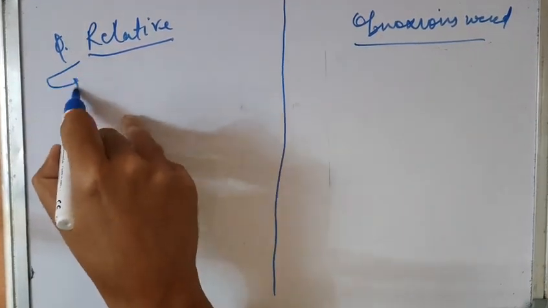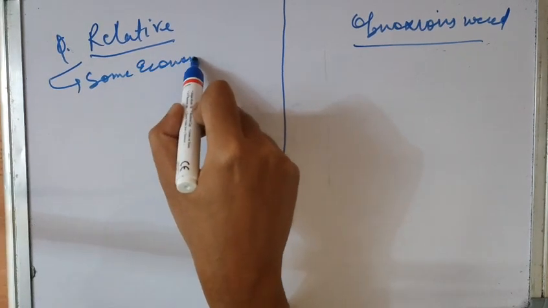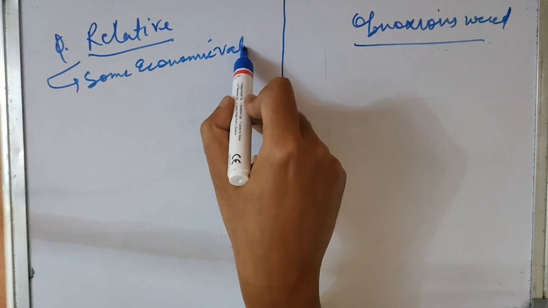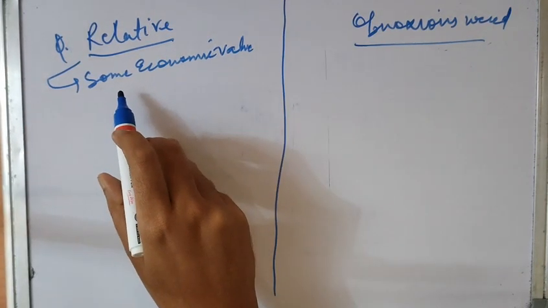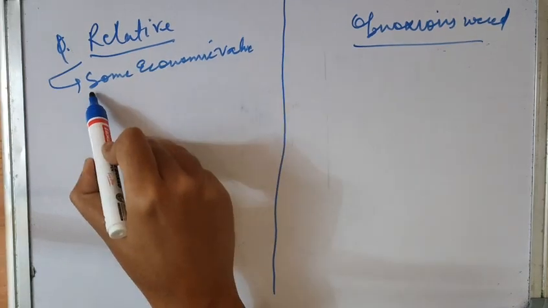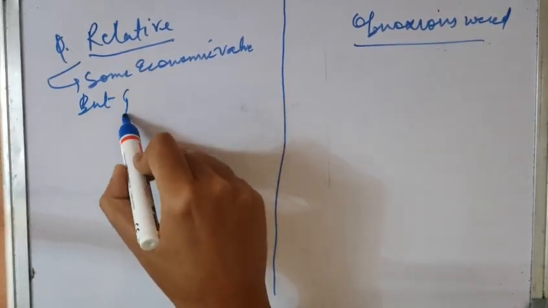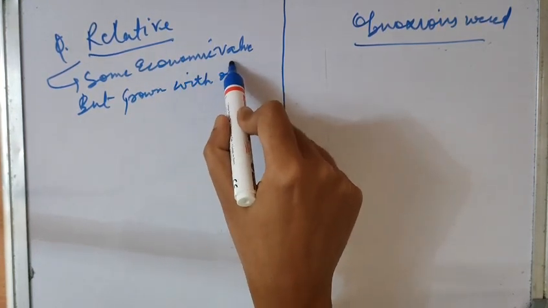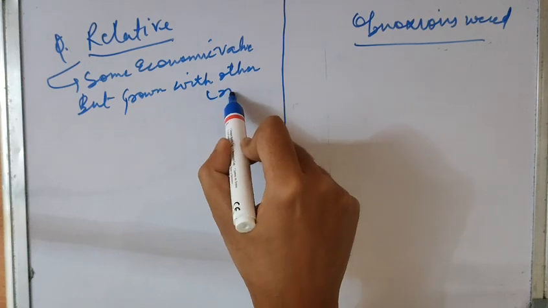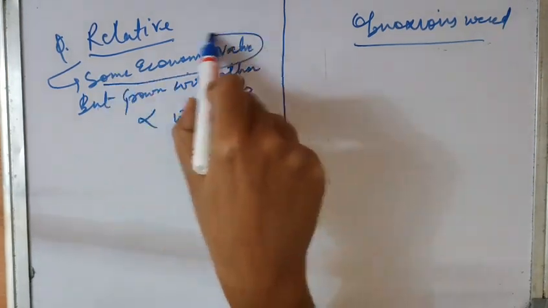What is a relative weed? It has some economic value in a particular place, but when it is grown with other crops, it becomes unwanted and is referred to as a weed.